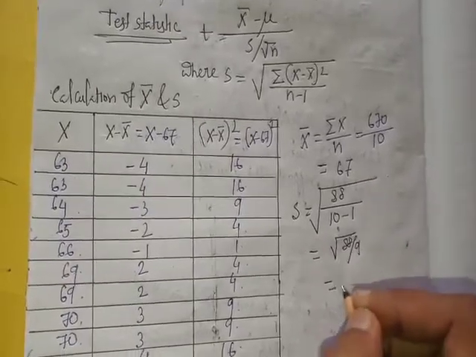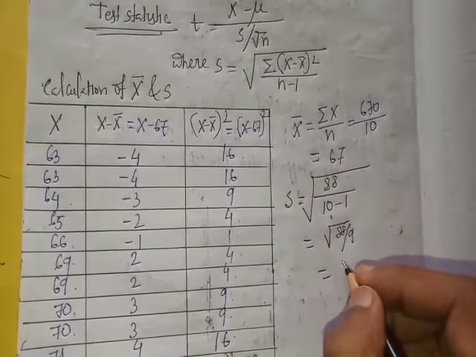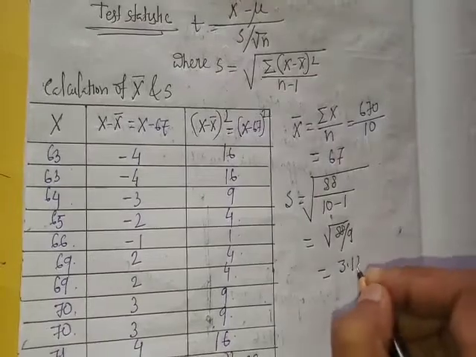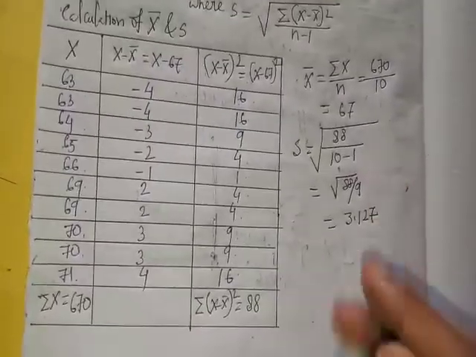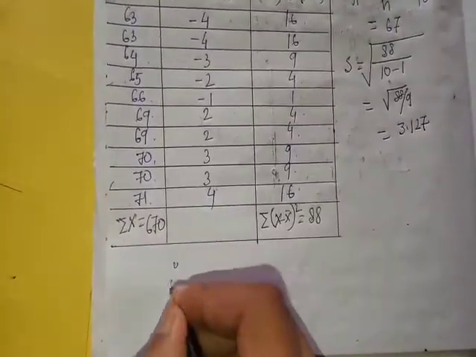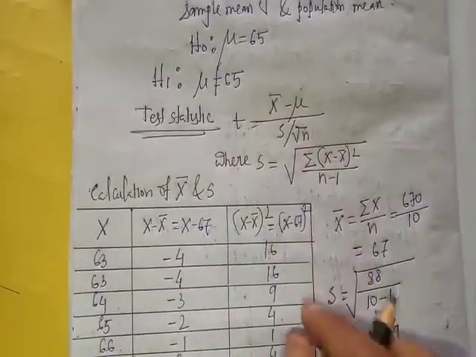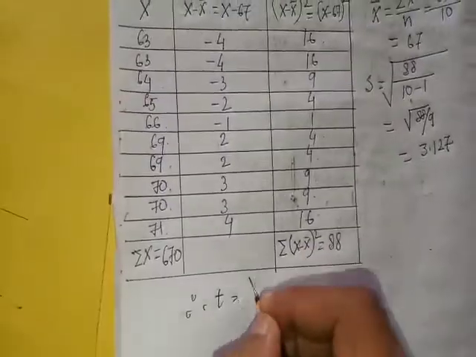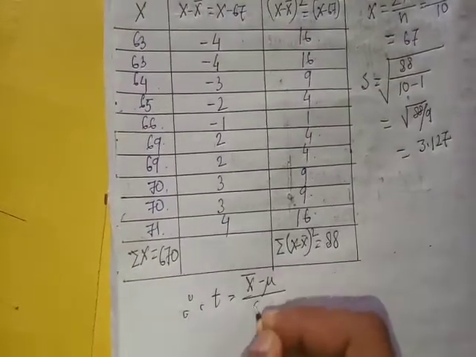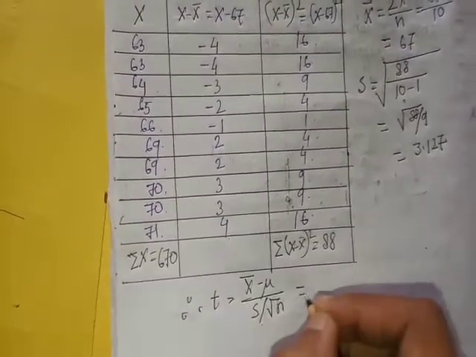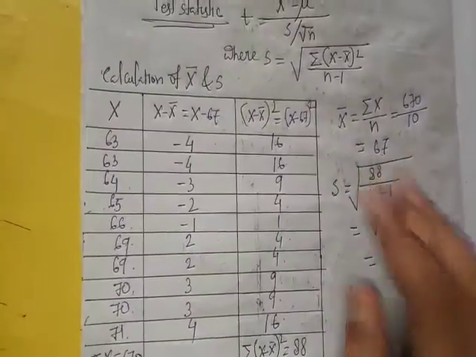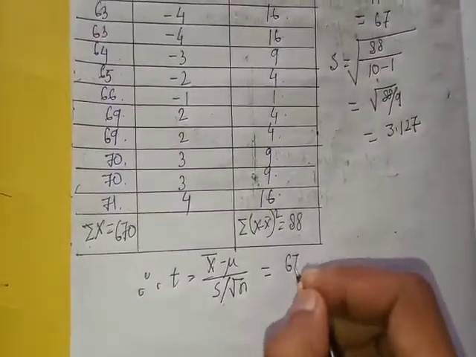That is 3.127. Therefore, T equals x bar minus mu by s by root over n. The value of x bar is 67, so 67 minus mu.